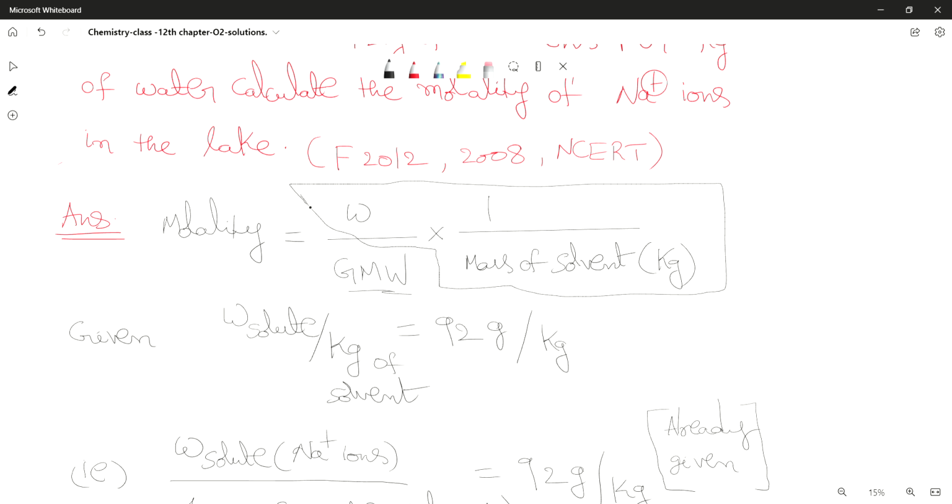So this is the entire part that is already given to you: weight by mass of the solvent per kg. Now if you divide this entire thing by the gram molecular weight, you get the molality. That is the idea over here.